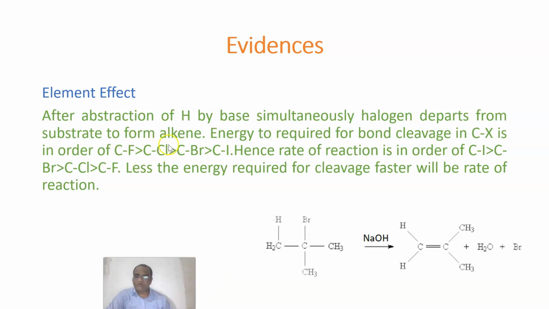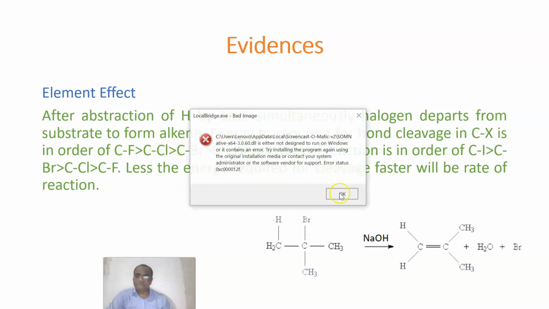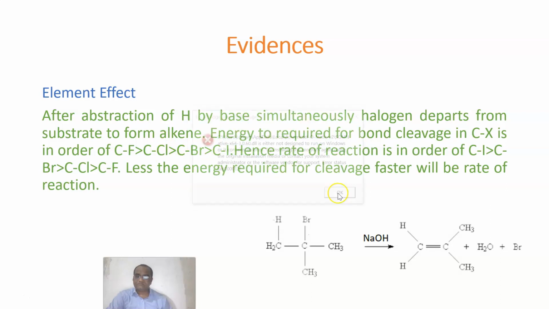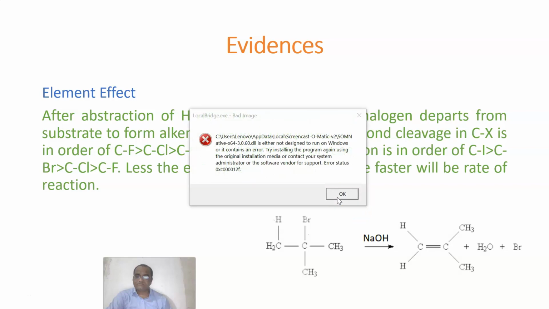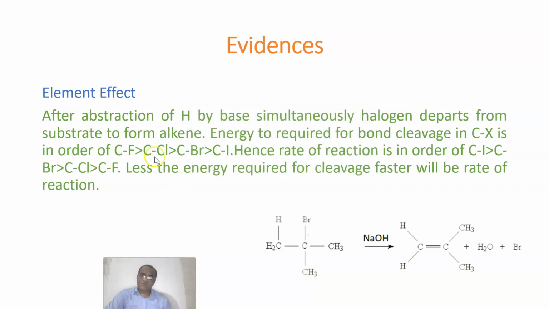It increases for chlorine because the shells increase. Fluorine has only one p shell, chlorine has two p shells, bromine has three p shells, and iodine has four p shells.